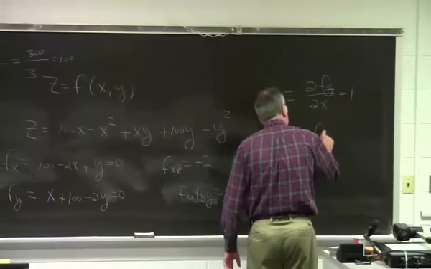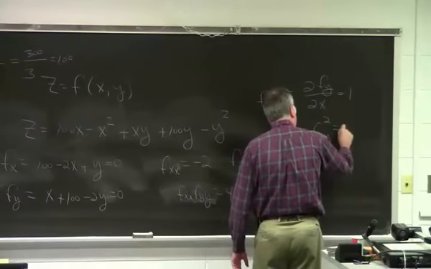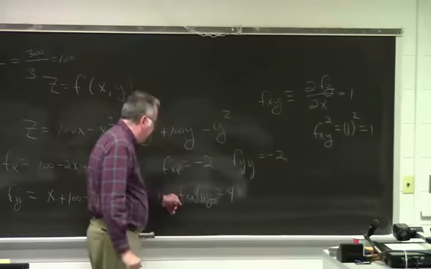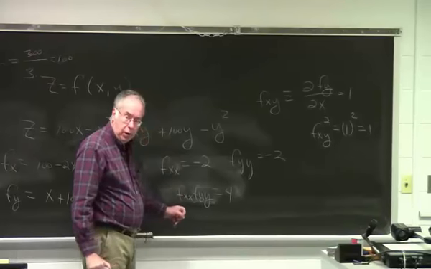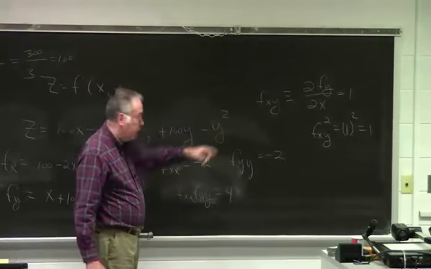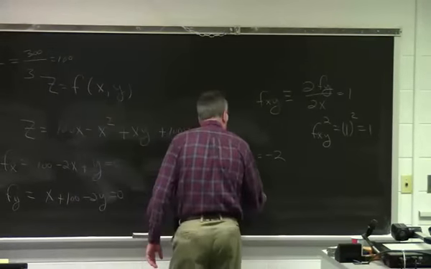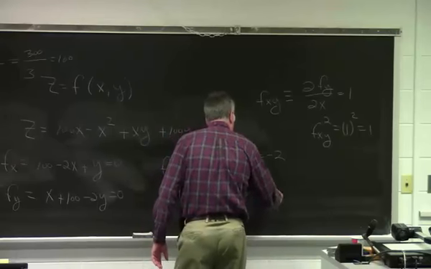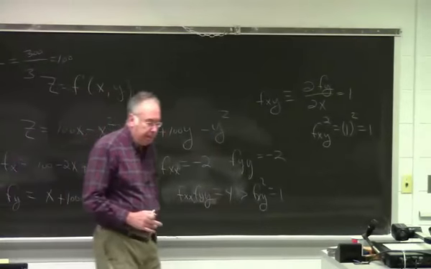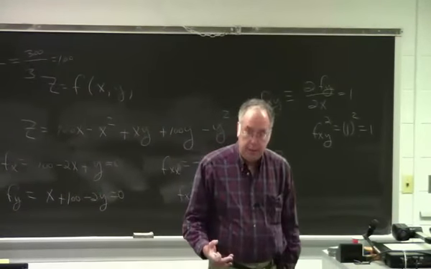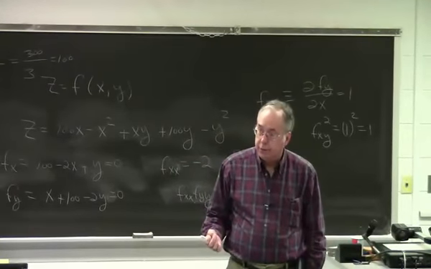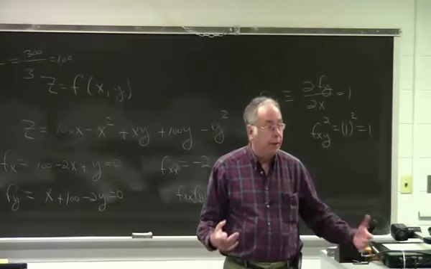So that means f sub xy squared is just 1 squared, which is also 1. So in this case, f sub xx times f sub yy is 4. That is greater than f sub xy squared, which equals 1. So we know that we have a maximum at x equals y equals 100. At these critical values of x and y, we have a maximum.